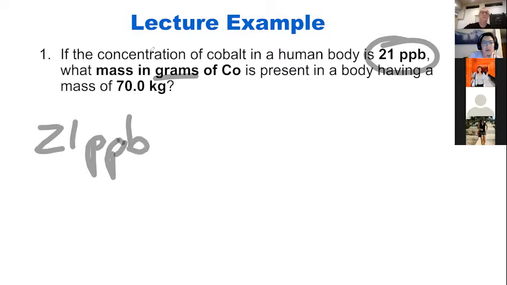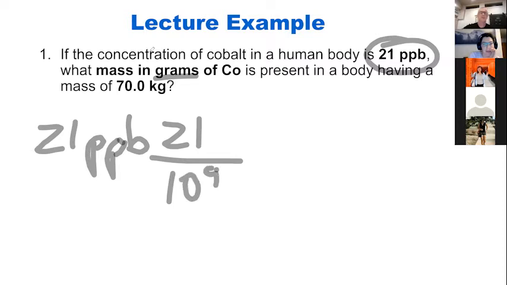Basically, that means 21 over 10 to the 9th, because billion has 9 zeros in it, right? So 21 over 10 to the 9th times 70 kilograms.